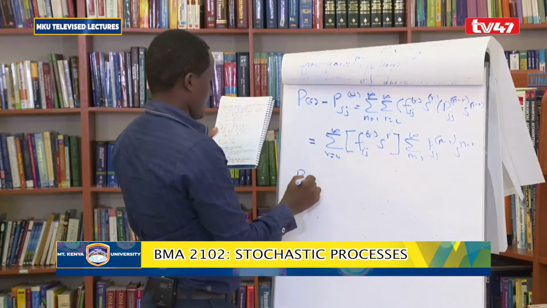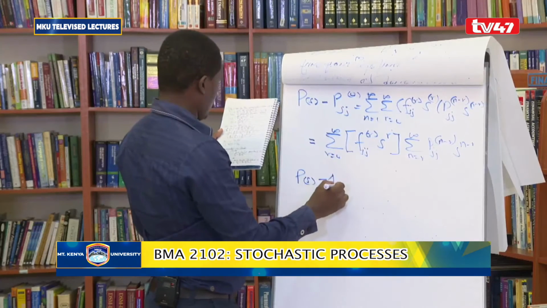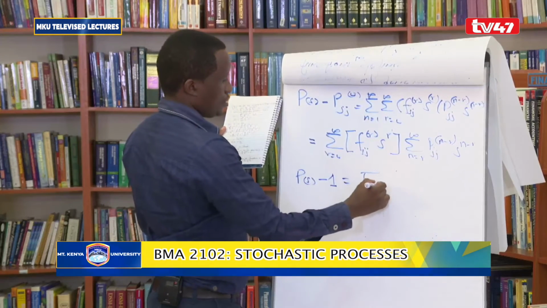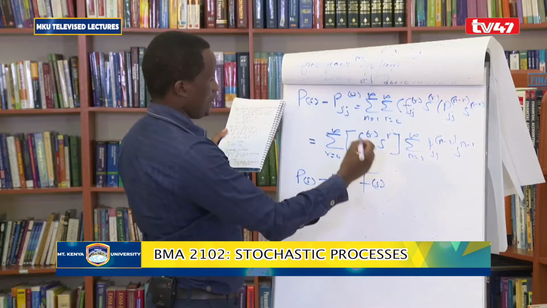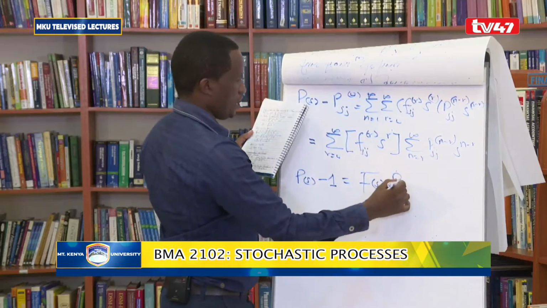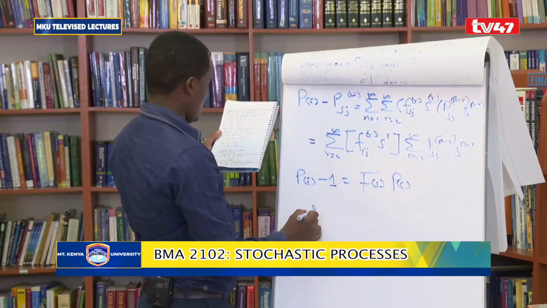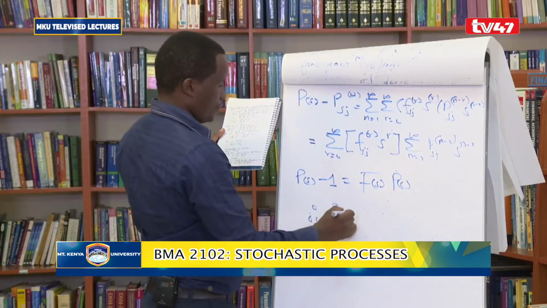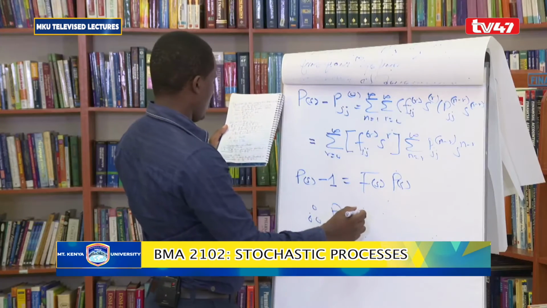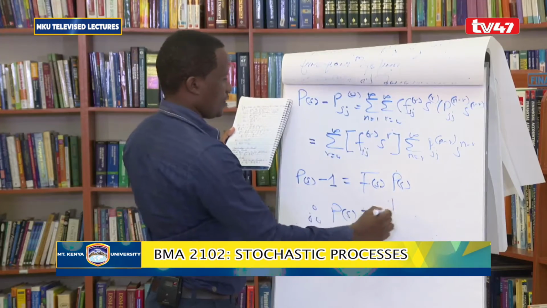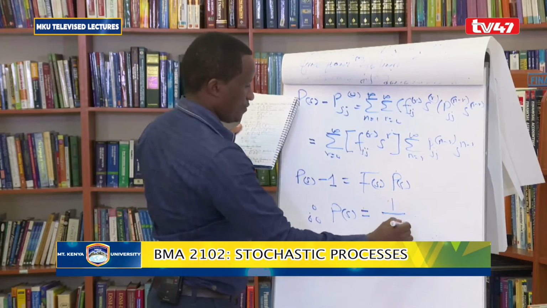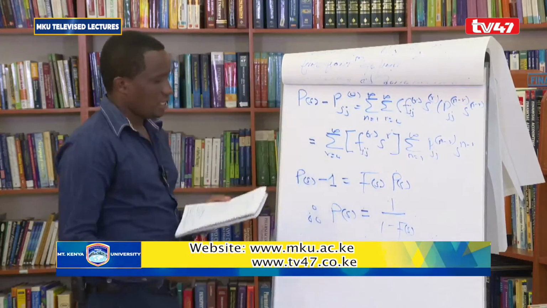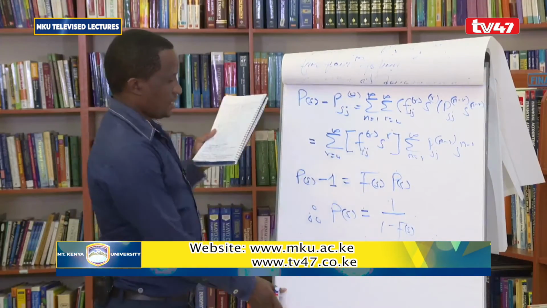This is the same as P(s) minus 1 is equal to F(s) P(s), considering the definitions for F(s) and P(s). Making P(s) the subject of the formula, we have P(s) equals 1 over 1 minus F(s), which is the relationship between P and F.